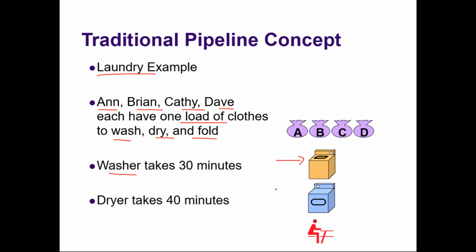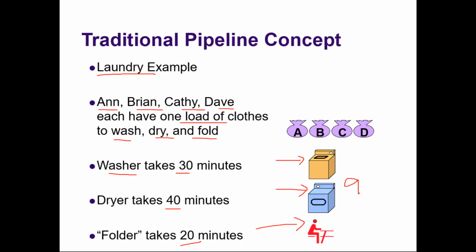There is a unit to dry which takes 40 minutes, and there is a unit to fold which takes 20 minutes. So totally for one load of clothes you need 30 plus 40 plus 20, which is 90 minutes, that is 1.5 hours. To complete this task for one load of clothes, you need 1.5 hours.